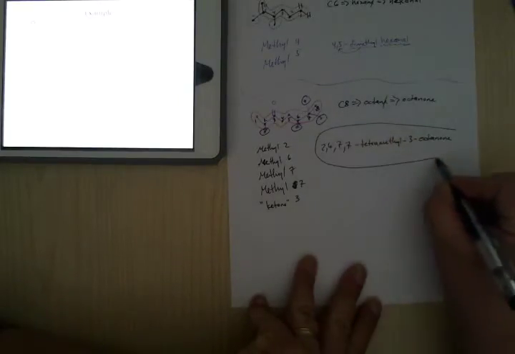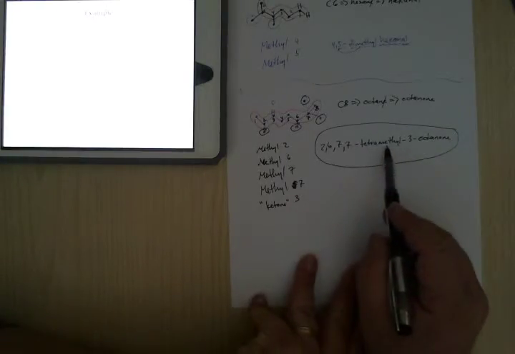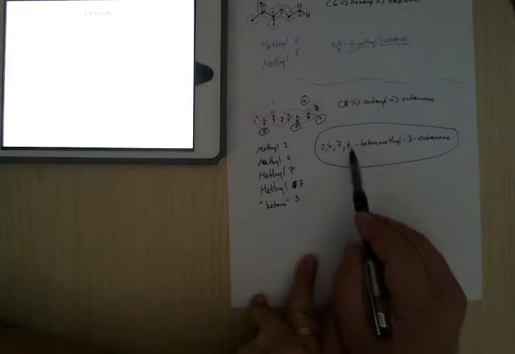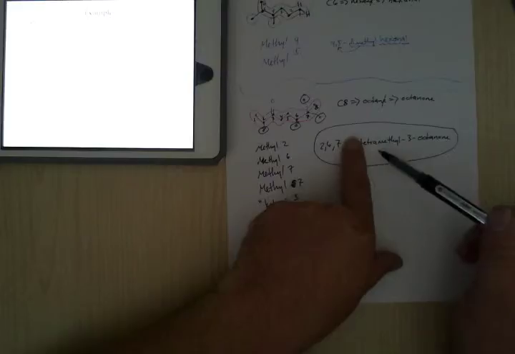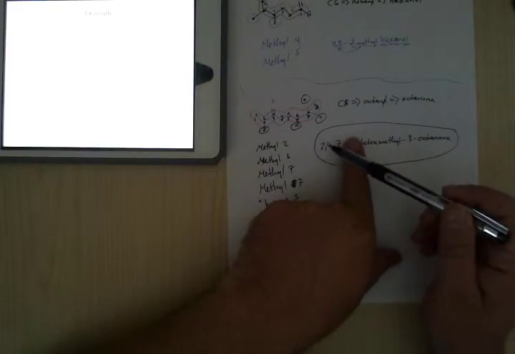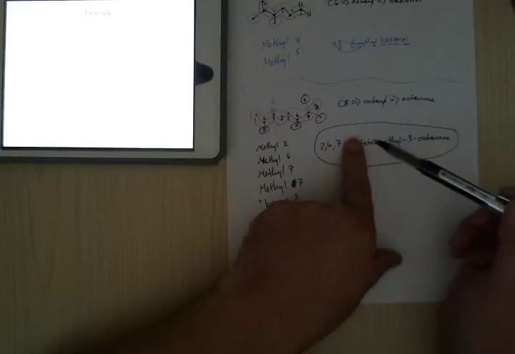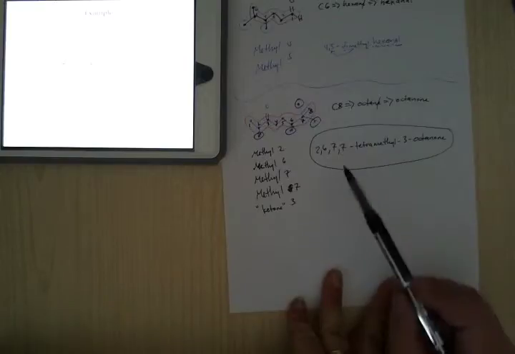So there we go. This is why, if you have tetramethyl, you've got to put all 4 numbers in there. If I were to just write 2, 6, 7 tetramethyl, I wouldn't know where that 4th one is. Is it an extra one at the 2, the 6, or the 7? You've got to tell me where all those methyl groups are specifically.